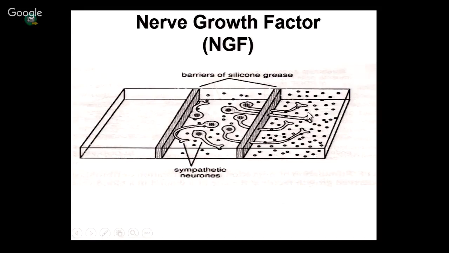That means what? This neuron can sense the stimulation from the NGF, and the NGF can attract it or stimulate the growth of the neuron, and also stimulate migration of the neuron. This is a very classical example of a local mediator triggering a cellular response.